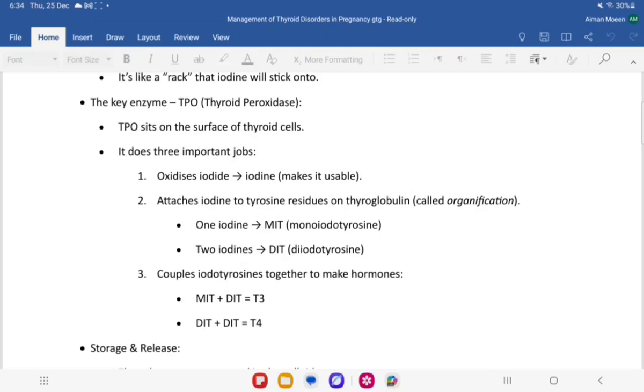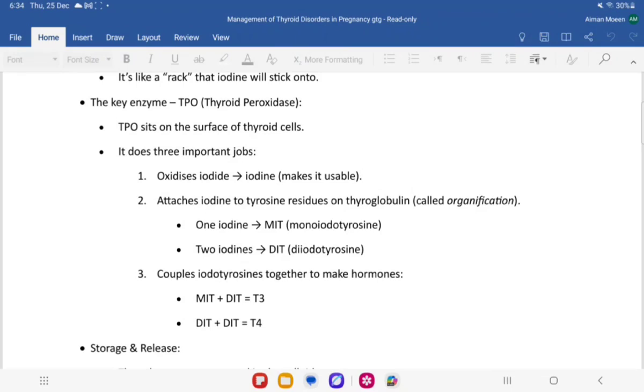It attaches the iodine to the tyrosine residues on the thyroglobulin, which we call organification. So once the iodine is available but the thyroid peroxidase is not working, still the gland is not working properly. So for the proper function of the gland, iodine should be there, thyroid peroxidase should be working, and there should be a protein called thyroglobulin.